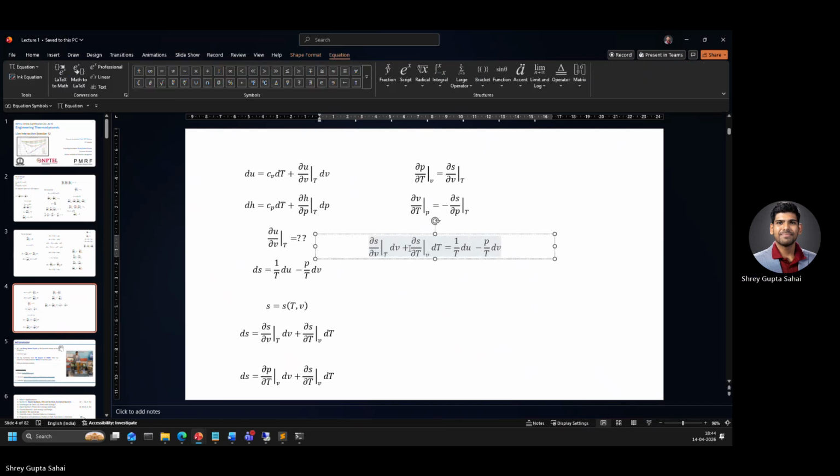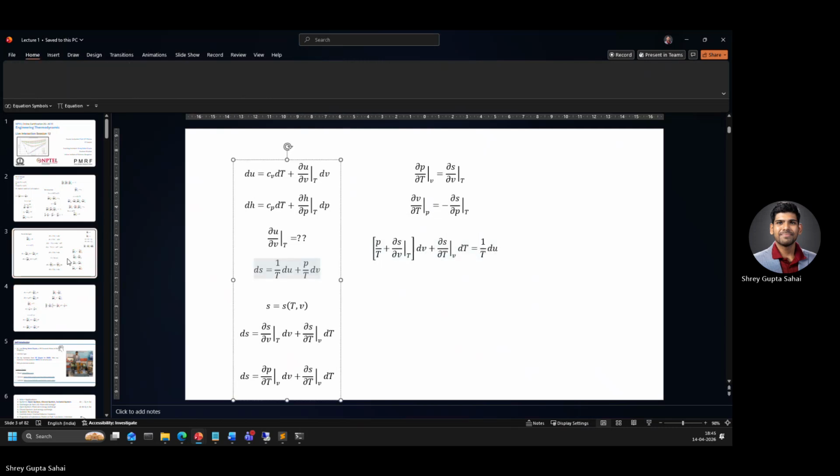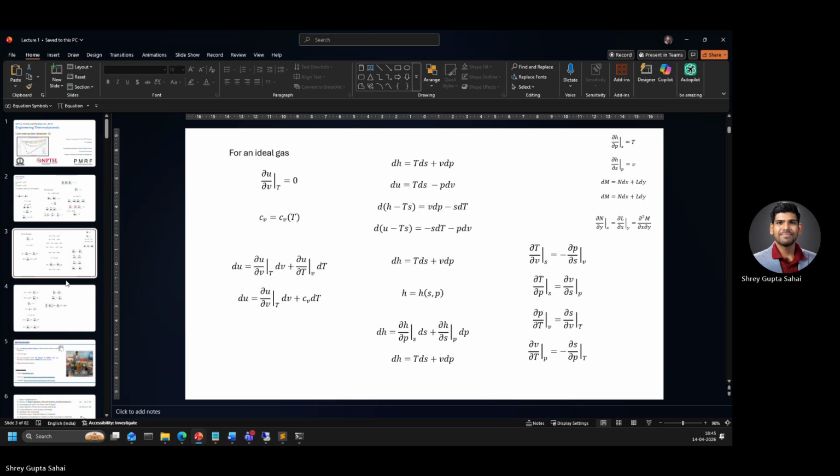Right, this, and take this PV constant on this thing, a common quantity. Yes.